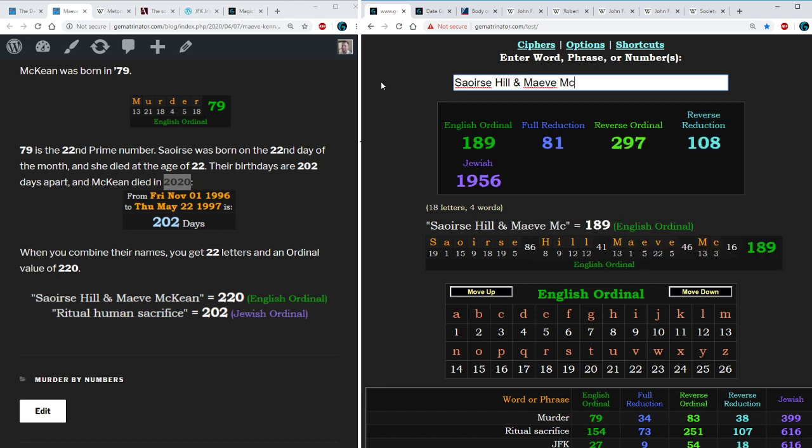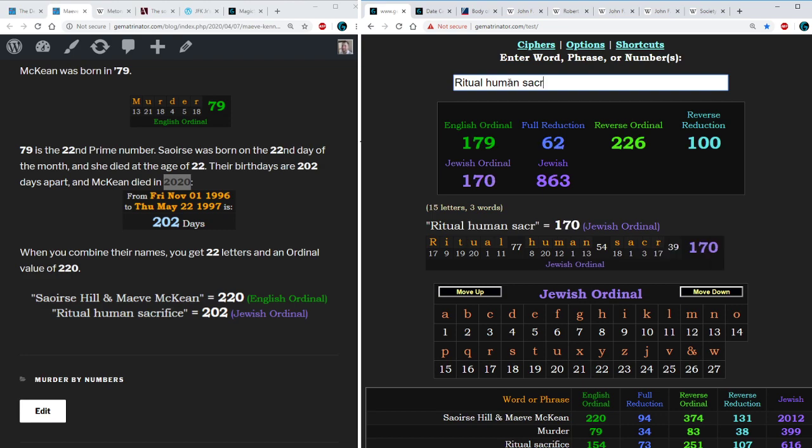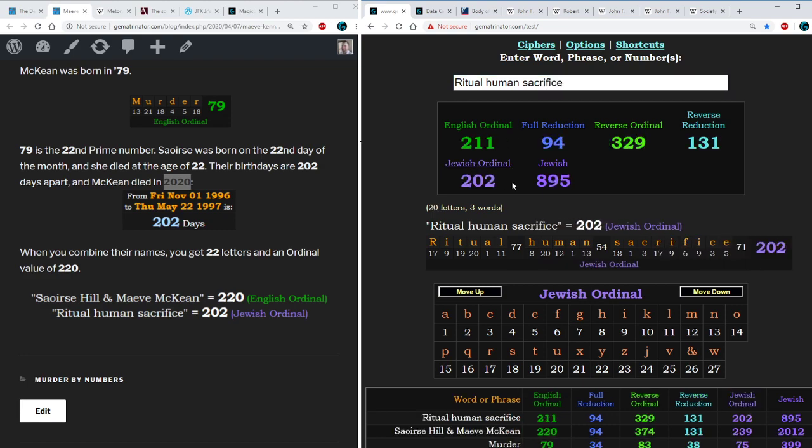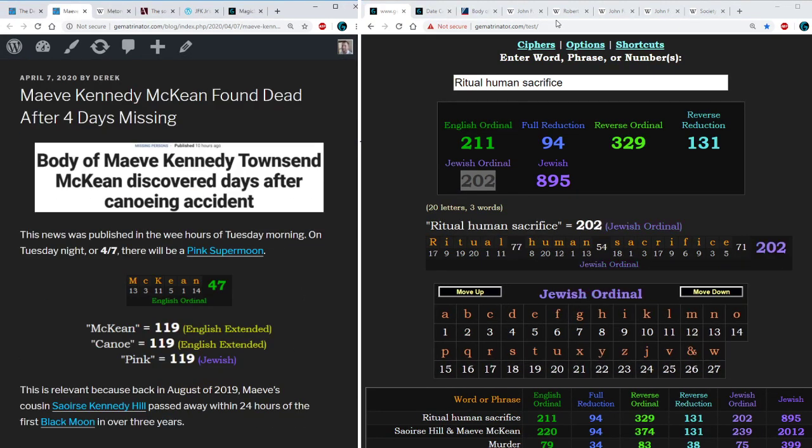Notice how Saoirse Hill and Maeve McKean, this is 22 letters, and it sums to 220 in the alphabetic order. In Jewish ordinal, ritual human sacrifice yields a 202.